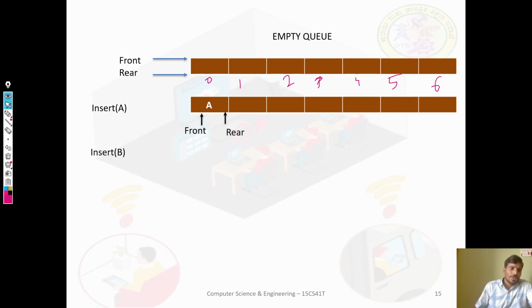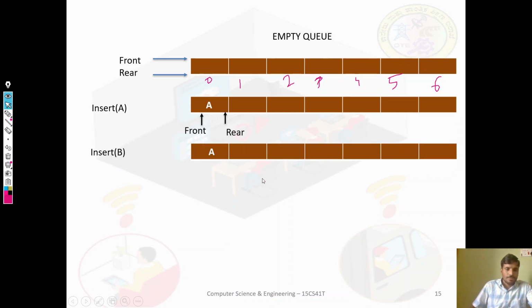Insert B. So the second element B we have to insert in the queue. Before inserting we have to increment the rear. So it has to point to the next position. So front is pointing to A and rear is pointing to the next position.